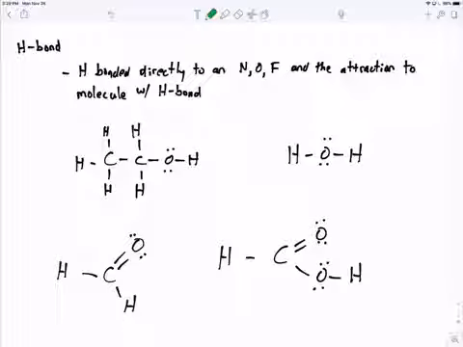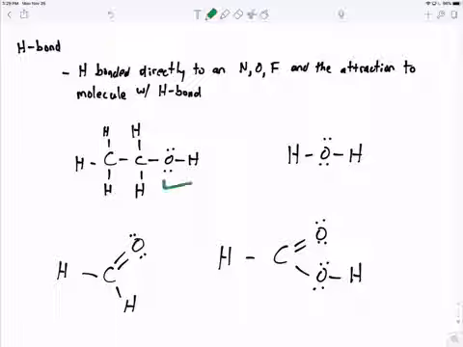Then hydrogen bonds. I usually talk about this in 162. A hydrogen bond is an intermolecular force, so it's between different molecules. And a hydrogen bond is a hydrogen directly bonded to a nitrogen, oxygen, or fluorine. And then there's a stronger than normal attraction.